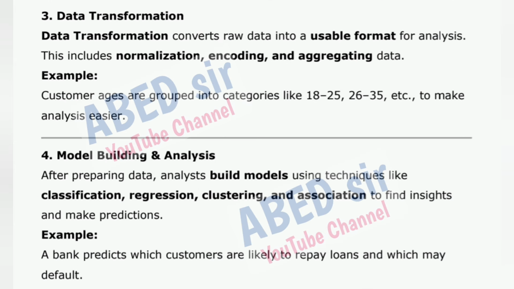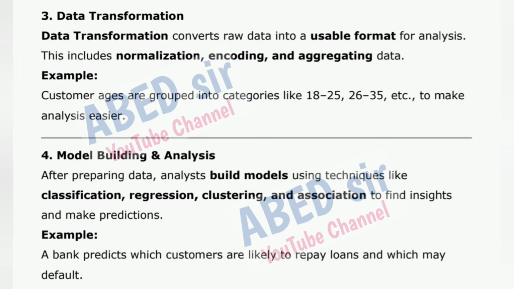3. Data transformation. Data transformation converts raw data into a usable format for analysis. This includes normalization, encoding, and aggregating data. Example: customer ages are grouped into categories like 18 to 25, 26 to 35, etc. To make analysis easier. 4.